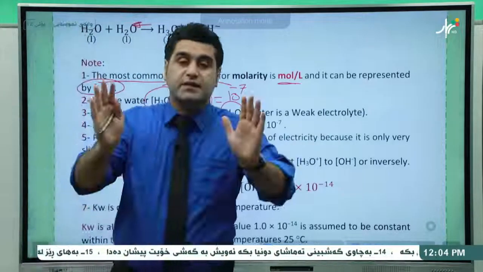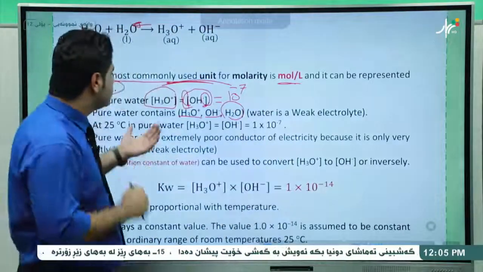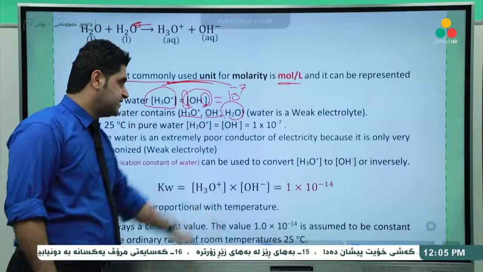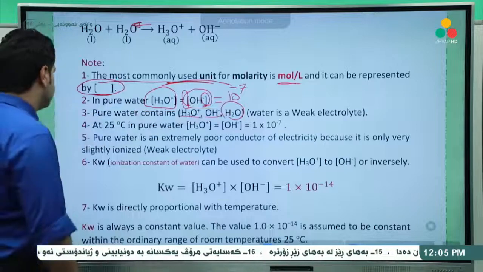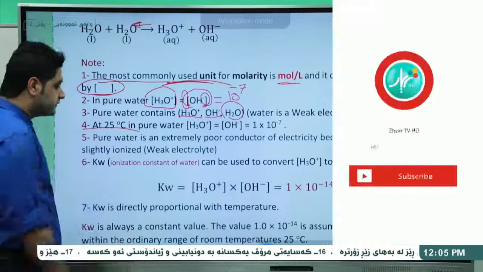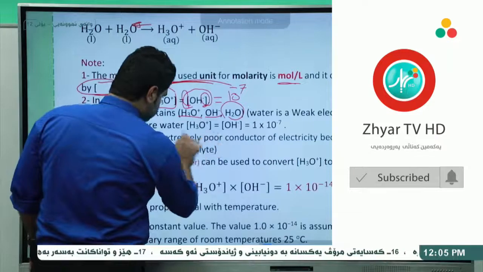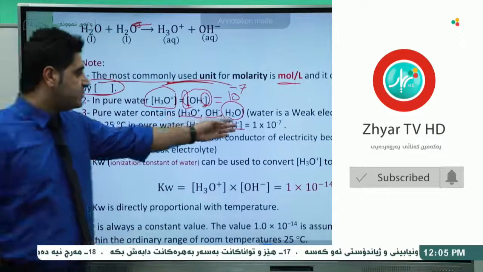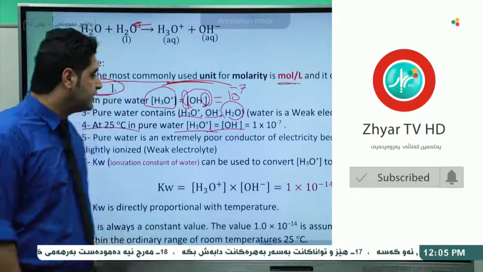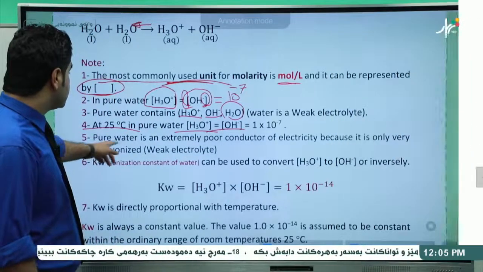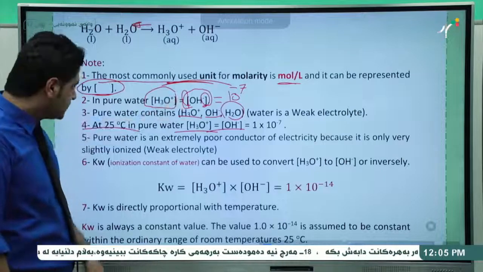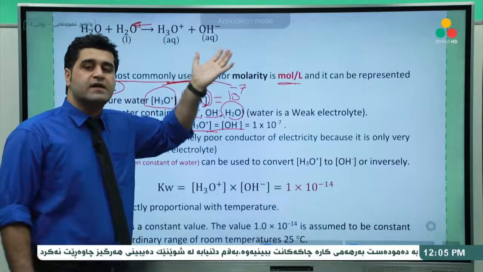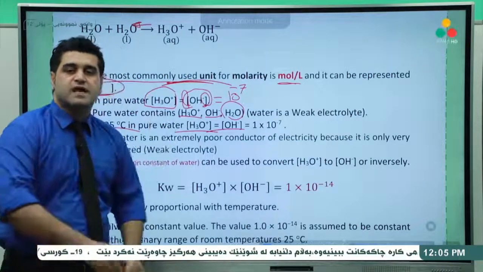Because it is an extremely weak electrolyte. At 25 degrees Celsius, pure water contains hydronium concentration equal to the hydroxide concentration, which is equal to 1 times 10 to the negative 7 molarity. Pure water is an extremely poor electrolyte, as I told you, and it's a poor conductor because there's a small number of ions. We learned that in chapter 1.